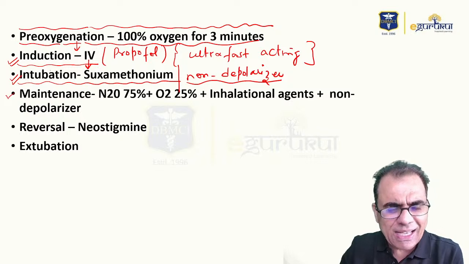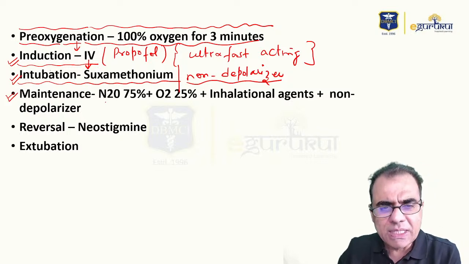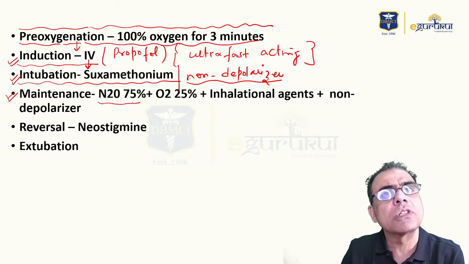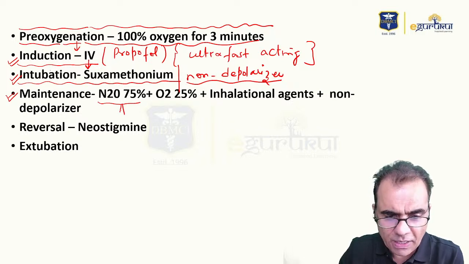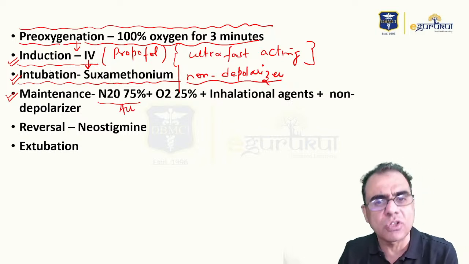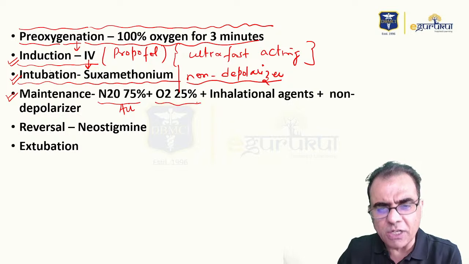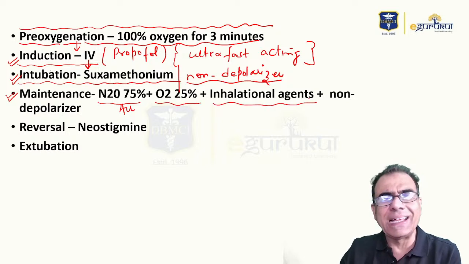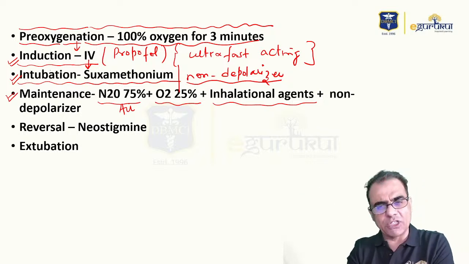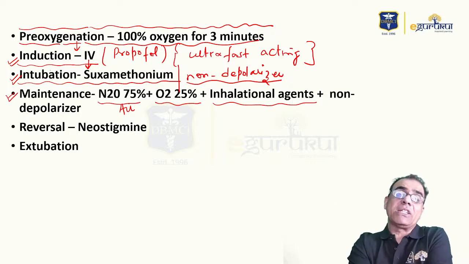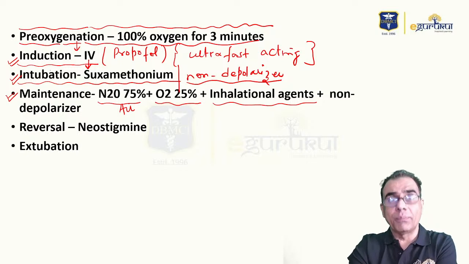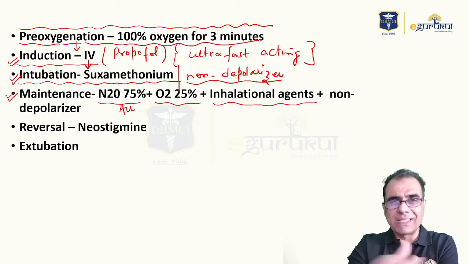Then anesthesia will be maintained on 75% nitrous oxide, or some people use air in place of nitrous oxide, 25% oxygen, and one of the inhalational or volatile agents, which can be halothane, isoflurane, desflurane. Then relaxation for surgery is also needed, because the surgeon cannot operate if muscles are contracting.